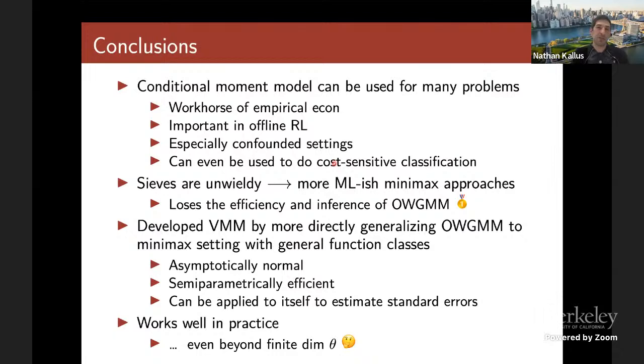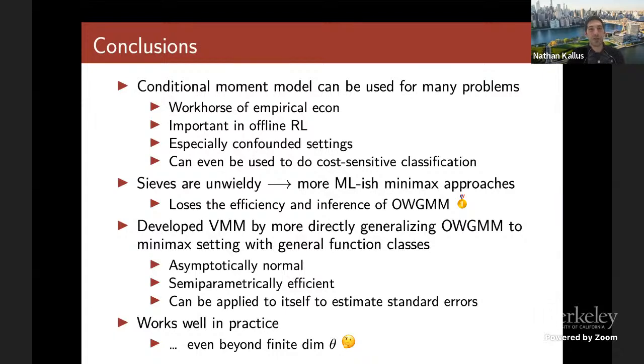Sieves is the classic approach to this. It was developed in the past millennium, and it was shown to have nice properties, but it doesn't work in practice. It's just completely unwieldy. So that's recently led people to look at these more ML-ish minimax approaches, but they lose the efficiency and inference of these classic methods.